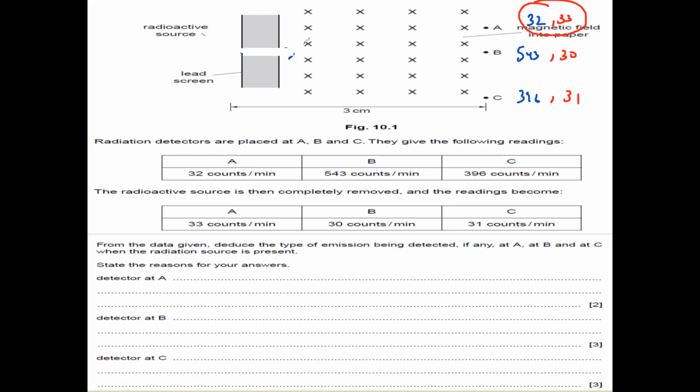If we don't observe any change, then the radiations are not coming from the source. If we apply Fleming's left-hand rule, if this was an alpha, A should receive alpha, because the first finger represents the magnetic field which is into the page, the second represents the direction of the particle, and for alpha, the thumb is pointing up. But when you see the number of counts before and after for A, it does not change.